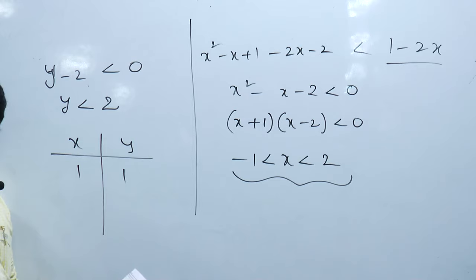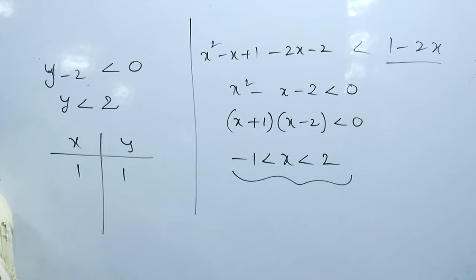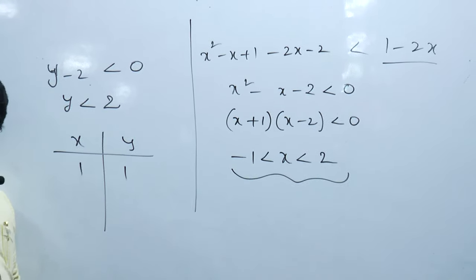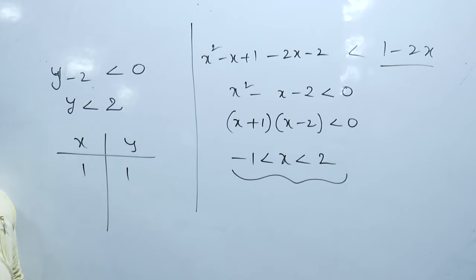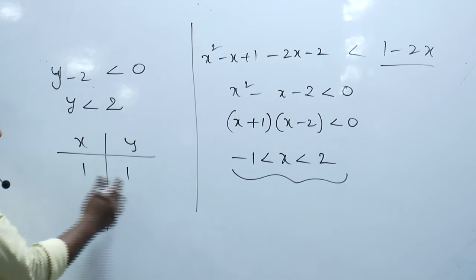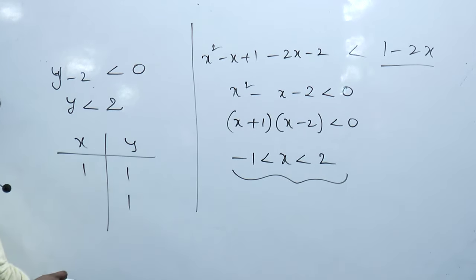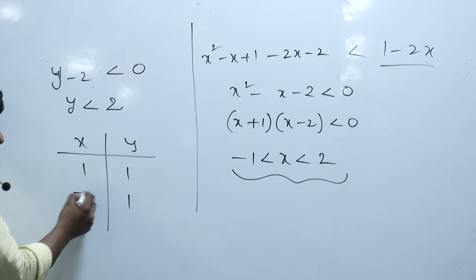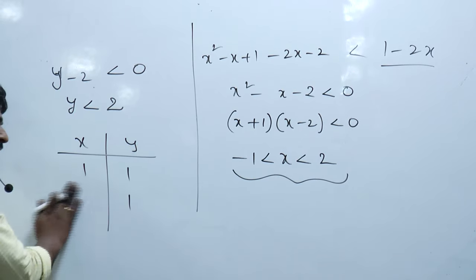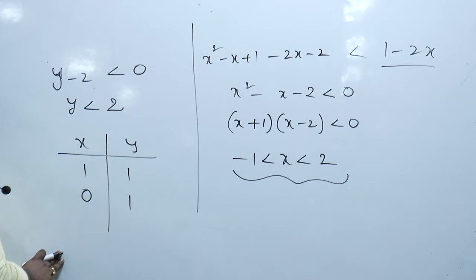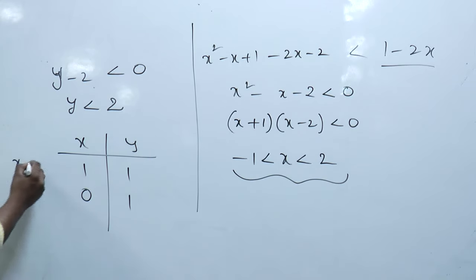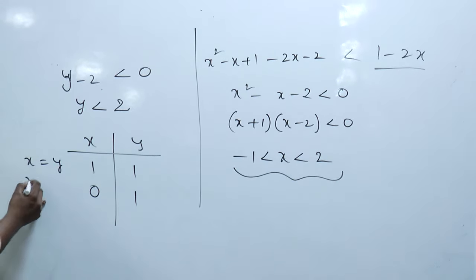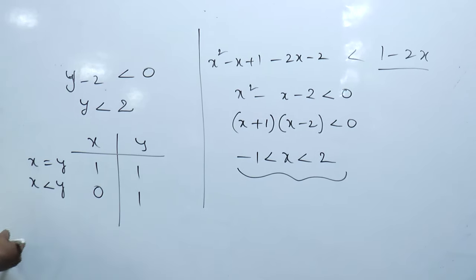Tick the option. Which option is your answer now? Only 5, right? But we are not done with logic. Still you have something. I'll take y as 1, but x as 0. Here we are getting x is equal to y, but here we are getting x less than y.